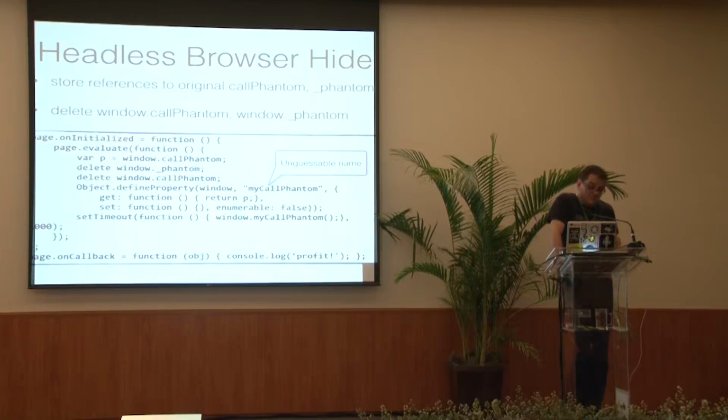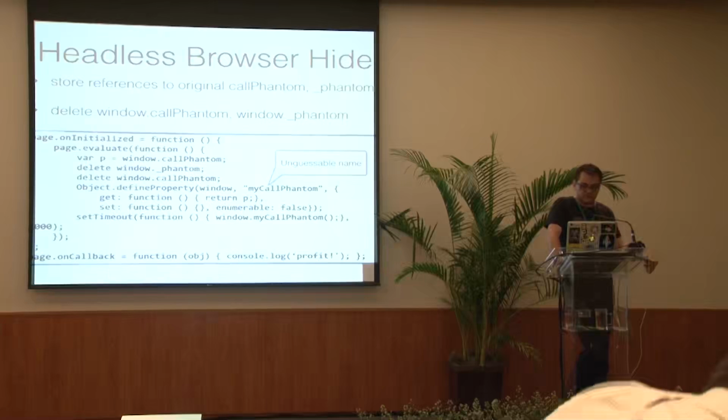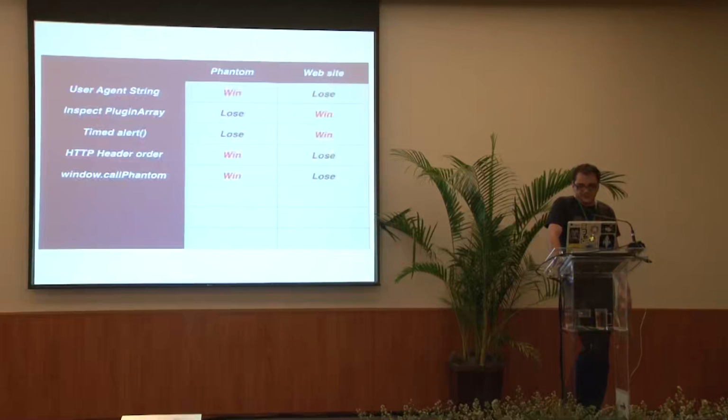Or if you are using them, just rename it to something random and unpredictable, and non-enumerable. You can set that property in JavaScript to make a property of an object non-enumerable, and just use that random name, which only you, your PhantomJS script, would know. So Phantom wins again.